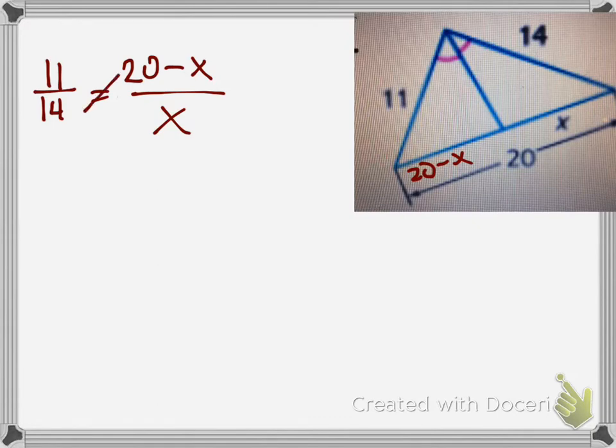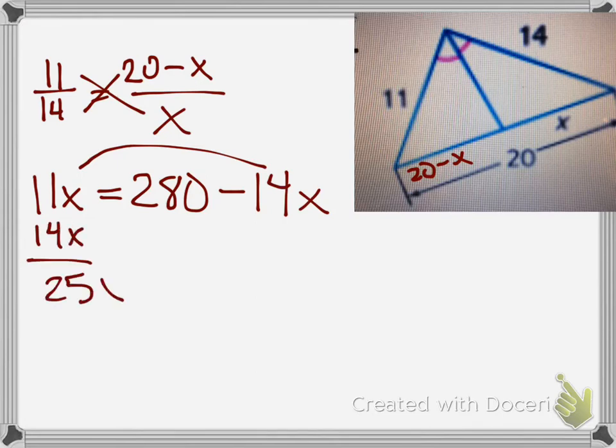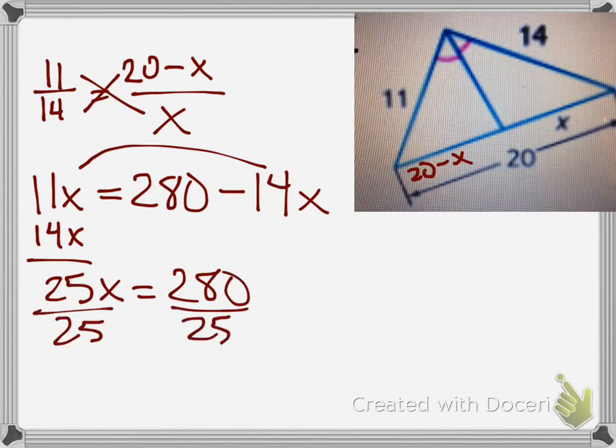So when I cross multiply here, I've got 11x is equal to 20 times 14, which is 280, minus 14x. Oops, that's an x. Move that over there. I'm going to add, that gives me 25x is equal to 280, and then I can divide by 25 to get my answer. Again, if you want to leave it in decimal form, that is fine.